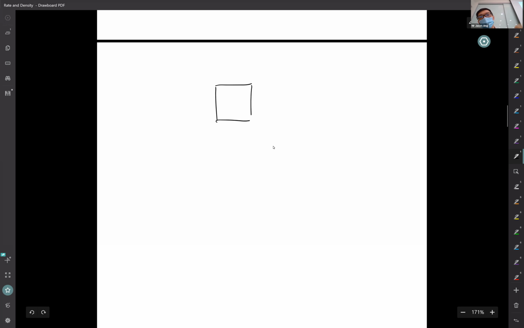Pause the recording here. I will use one example to help you. I also cannot really draw, actually. This is supposed to represent a cube, okay? Now, let's say this is 2 cm by 2 cm by 2 cm. Can you tell me what the total volume is supposed to be? If it's 2 by 2 by 2, what is the total volume? This is primary school math. You all passed PSLE, right?